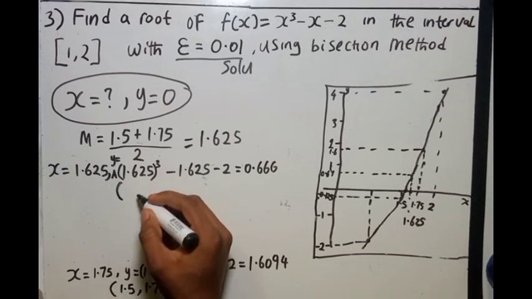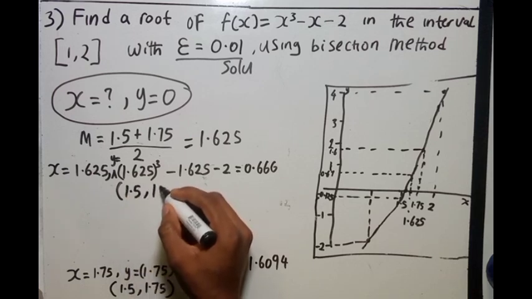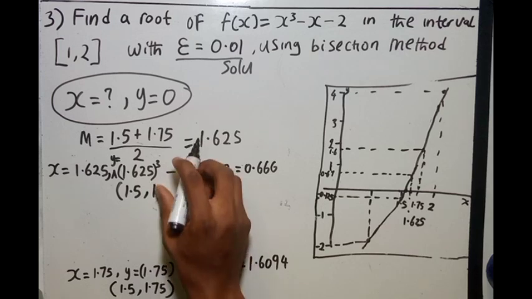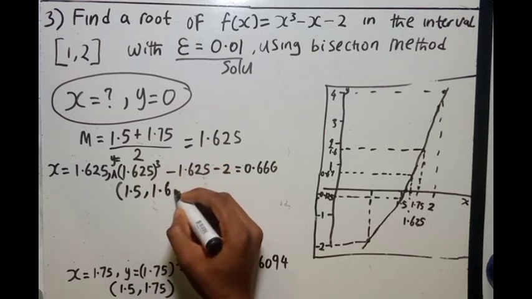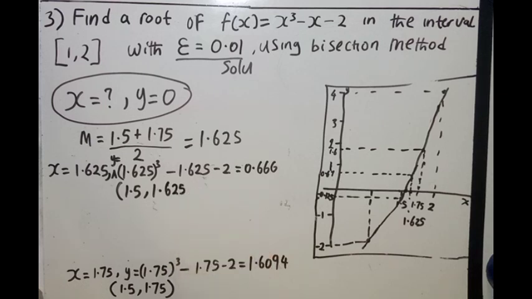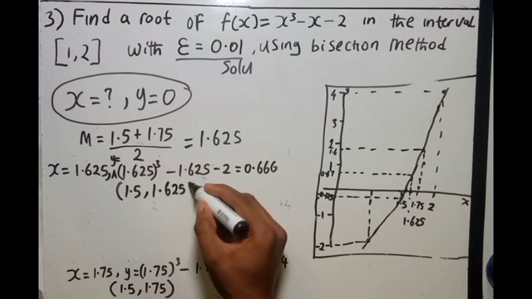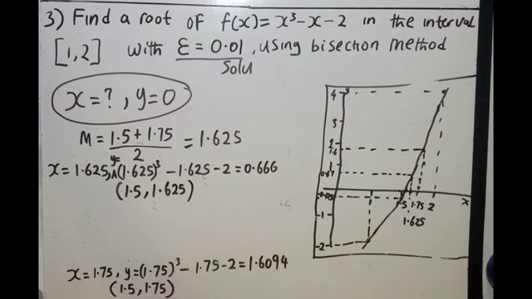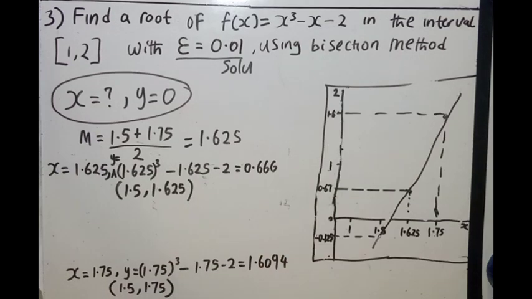Our new interval will now be 1.5 and 1.625. So let's broaden the diagram. So I've succeeded in increasing it a bit. So this is now our new interval, this is where our root lies in between 1.5 and 1.625.